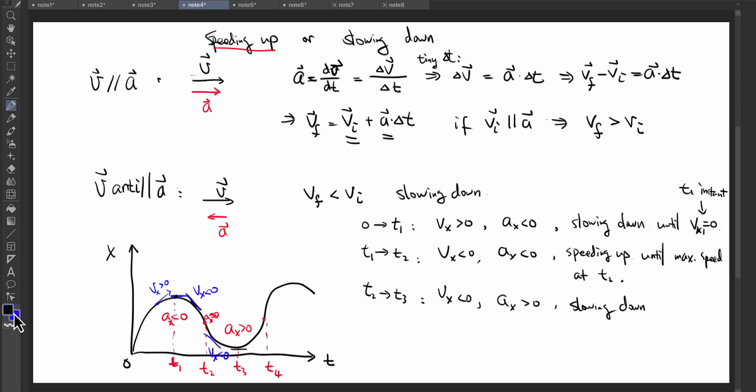You draw a slope here, the velocity will be 0 again. So Vx3 equals 0.